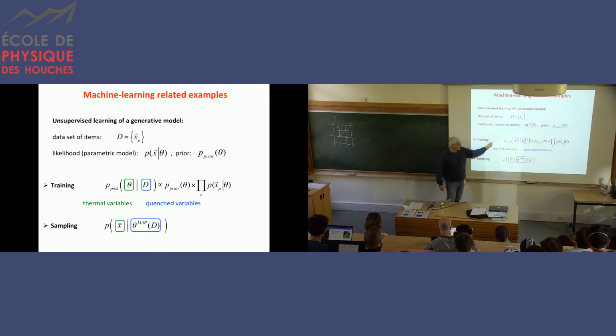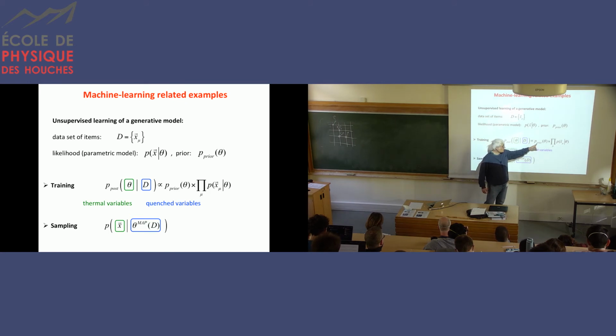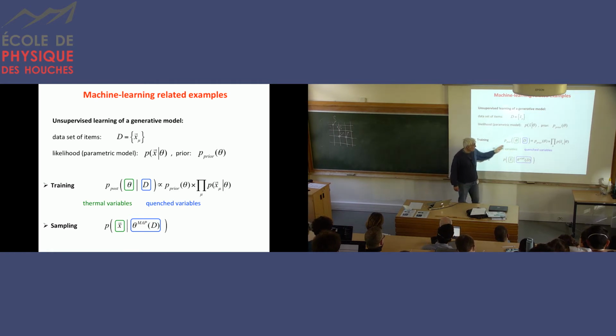During the training, I will look at the posterior distribution of theta given my data, which, due to Bayes' rule, is proportional to the prior times the product over the data points of p of x^mu given theta, the likelihood. Very clearly, if I want to maximize this over theta, the thermal variables are going to be theta and the quench variables are D, the data.